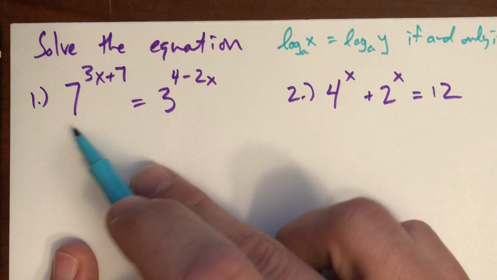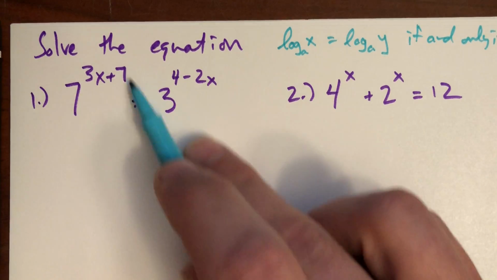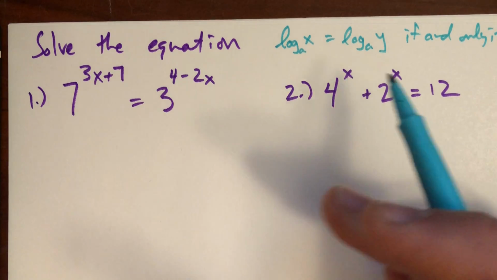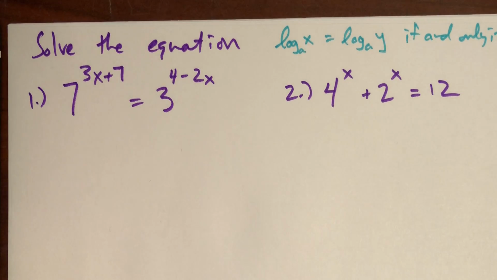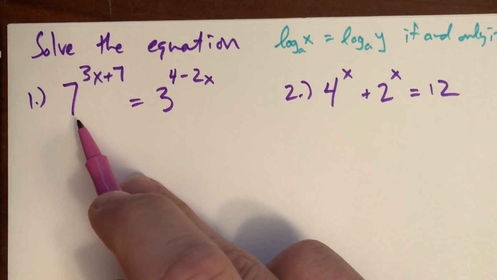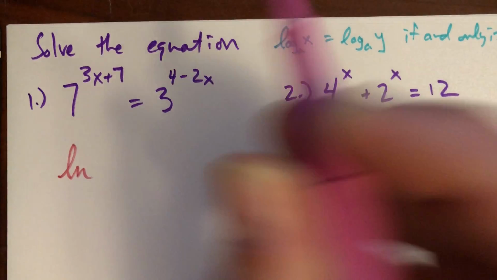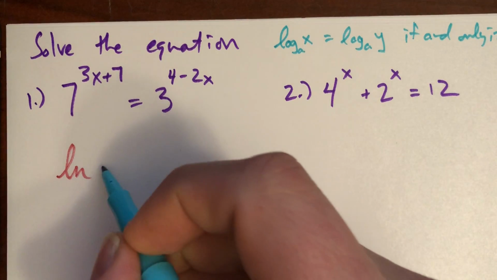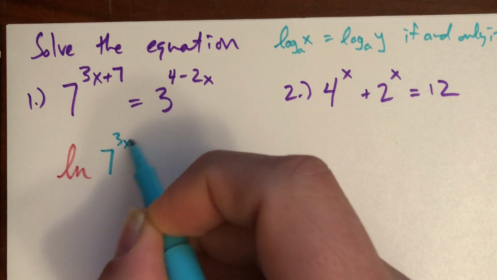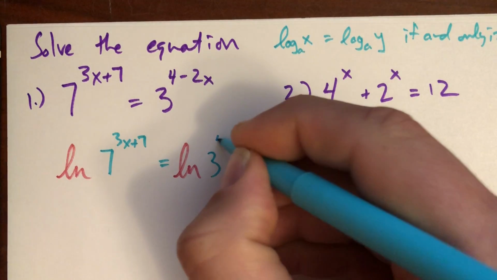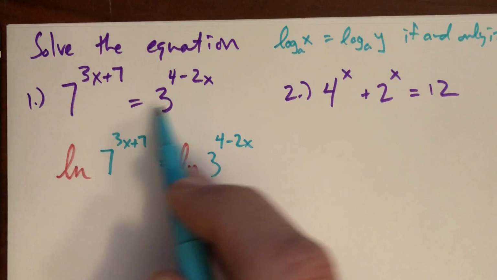So what we're saying over here is I've got some number equal to some other number. That's great. So that means that if these two numbers are equal, I can say that the natural log of this number would have to be the same as the natural log of this number, because we're saying in the first step that these are the same, right?